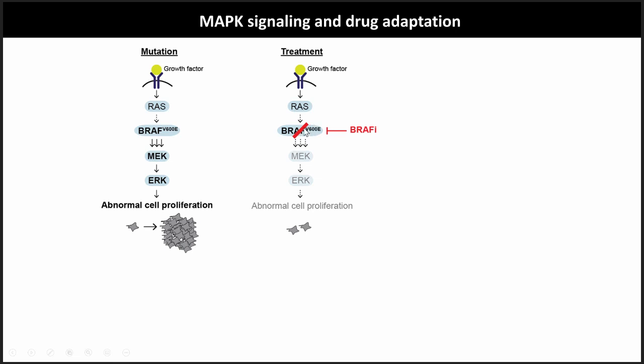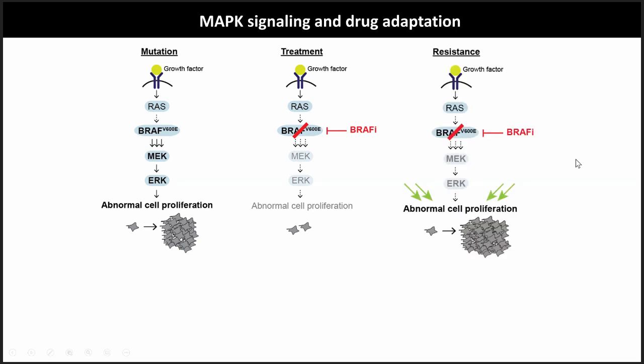And they have very dramatic and positive effects in patients, at least initially. But what almost inevitably happens is that some cancer cells find their way around the drug blockade to resume abnormal cell proliferation, leading to drug resistance and tumor relapse.